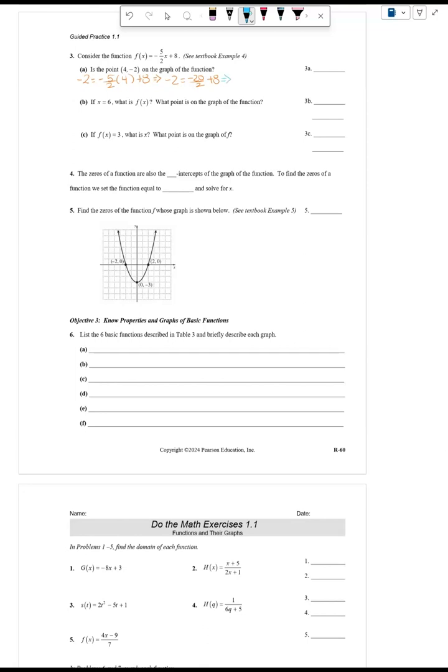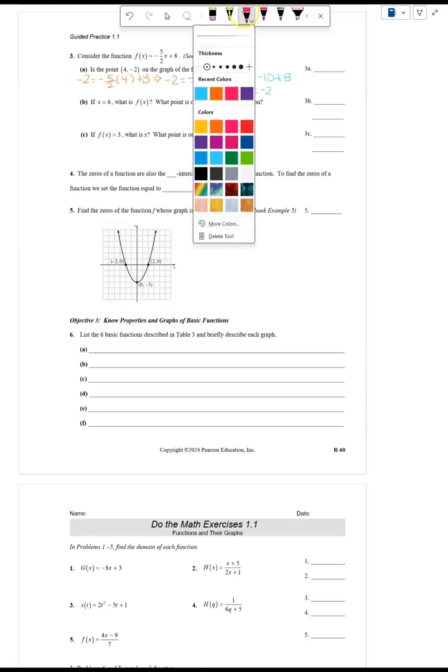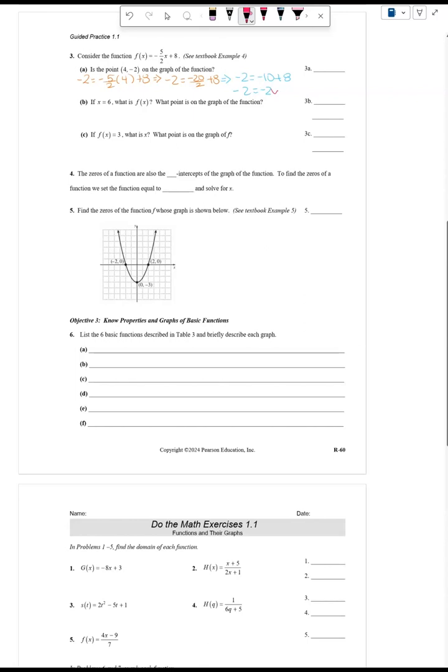So -2 equals -10 plus 8. I can simplify further by saying -2 equals -2. That is a true statement, so we know that the point (4, -2) is on the graph of the function. So that is a yes.